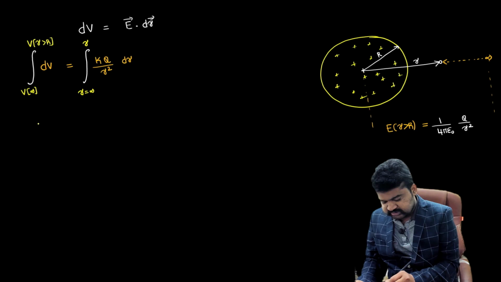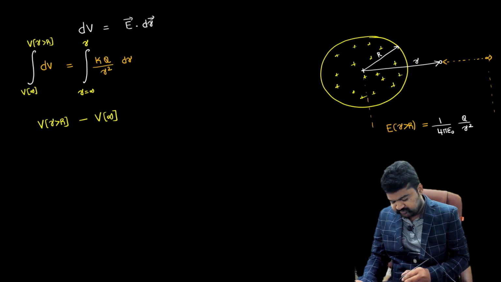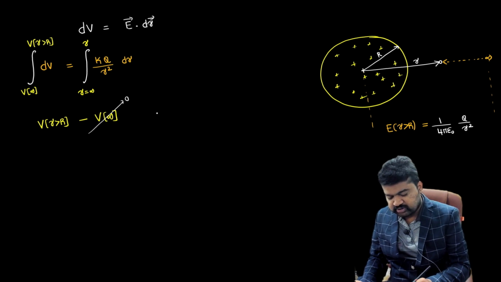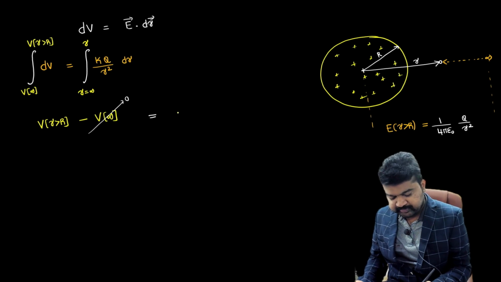We have already done this. V of r greater than R minus V of infinity, and V of infinity is of course 0. That is equivalent to how much? Here KQ is taken common.